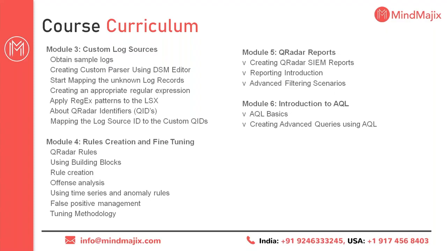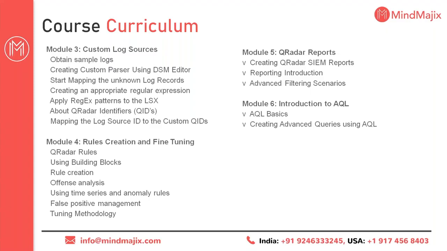QID is basically your QRadar identity. If there is any activity, for example you are using your college website or your organization website and you are authenticating on that website, the QID will be the same for all. If someone successfully authenticates on your website, the QID will be the same for all those who authenticate successfully. So the authentication phase has the same QID for all. You can say these are all index numbers.